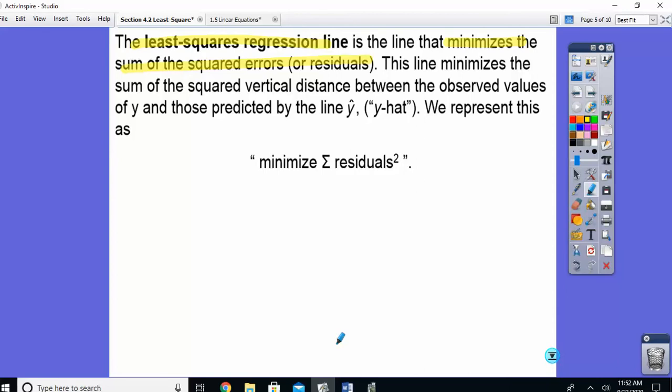So just to minimize that error is our goal. We use the square of the errors because error could be positive or negative. Positive if you were above, negative if you were below. So by squaring them, we eliminate that positive and negative.